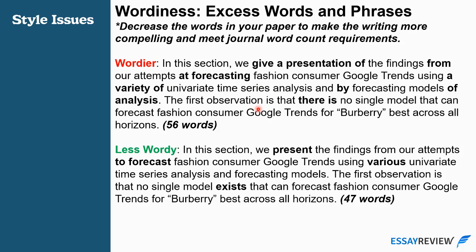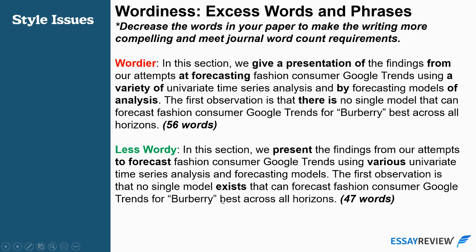So here, this paragraph is quite wordy, 56 words. This expresses the same thing. It has 9 fewer words, 47 words. How did we fix this? Let's look at it. Give a presentation of, we've changed to present. From our attempts at forecasting, okay, that's similar. Variety of, we have various.